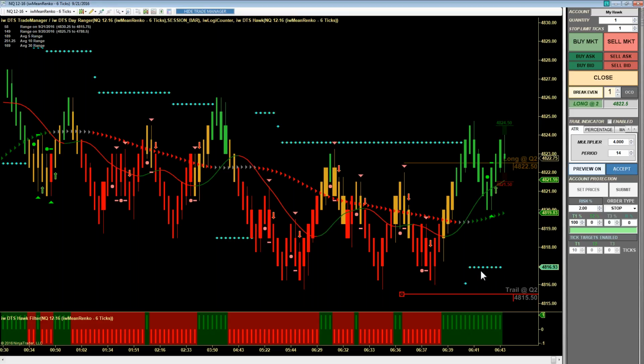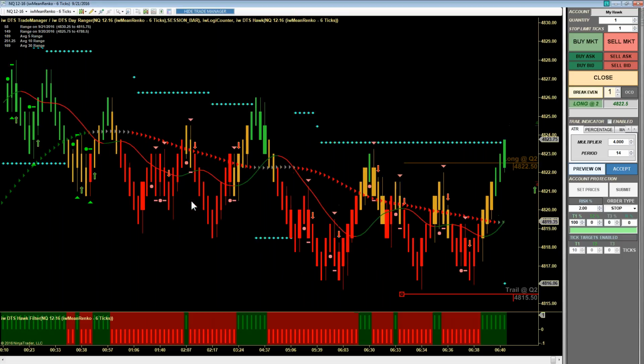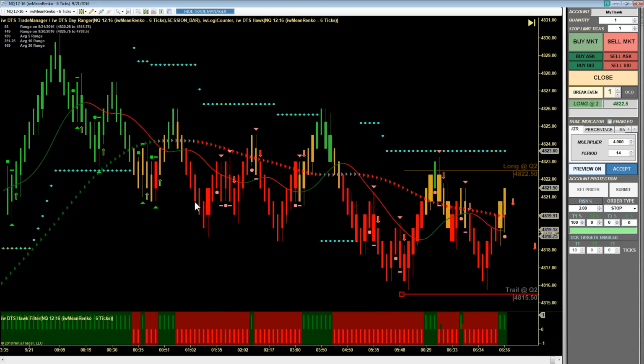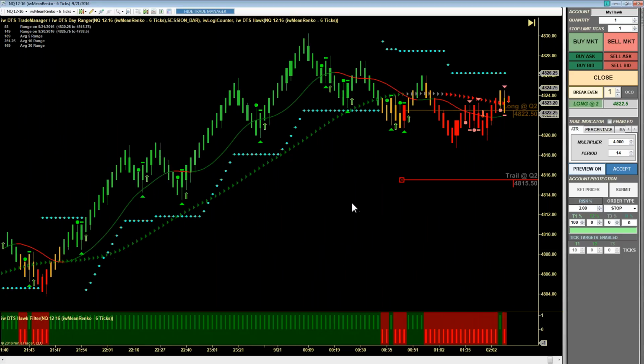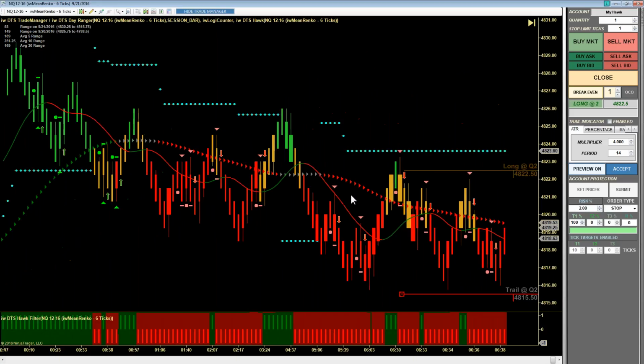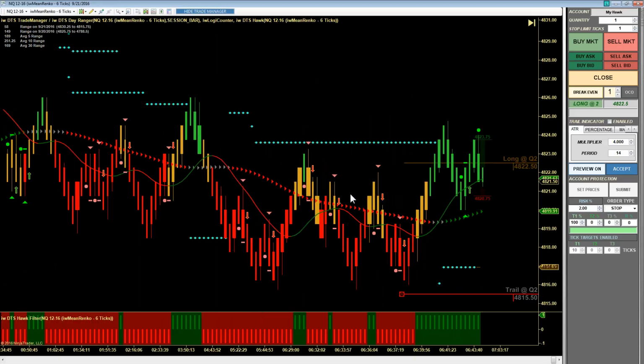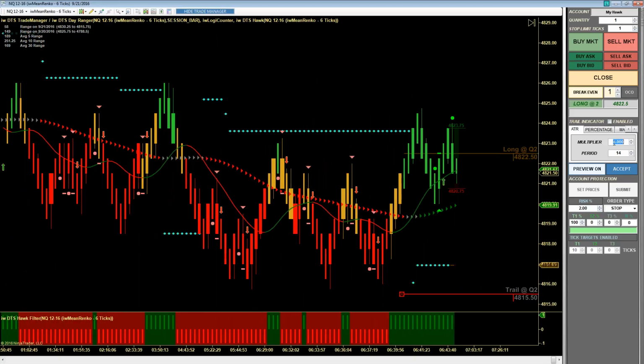All right, so these blue dots here show you how the trade manager would have managed my stops during this trade. And like I say, they're customizable. You can make them looser, you can make them tighter. Oh, okay, that wasn't a very good example.